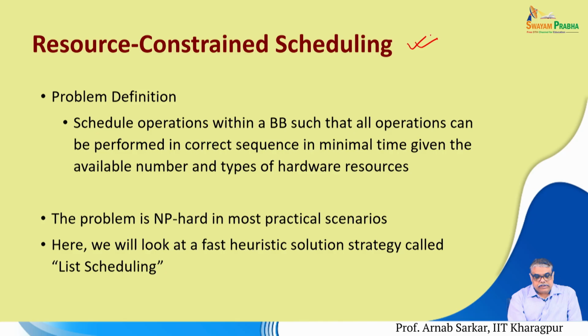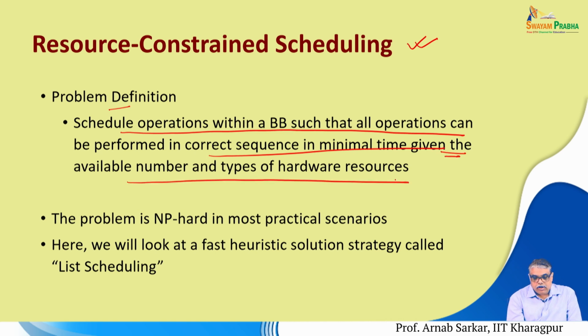Okay. After this, we look at a more practical scheduling strategy, the resource constraint scheduling. In resource constraint scheduling, we schedule operations within the basic block such that all operations can be performed in correct sequence in minimal time using the available number of hardware resources. So, now resource is constrained, that means it is not minimum resources. You will say you have 4 resources of this type, 5 resources of another type, but you cannot use more than 4 resources of type 1, you cannot use more than 5 resources of type 2.